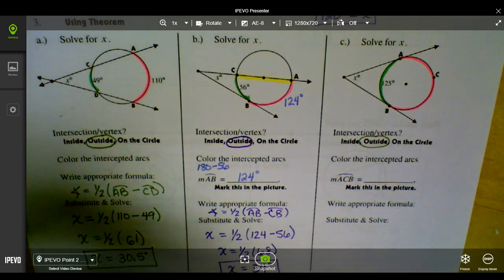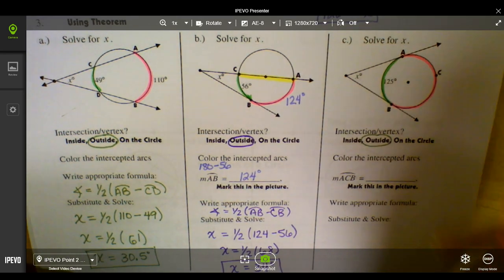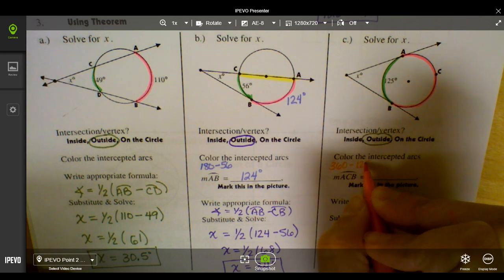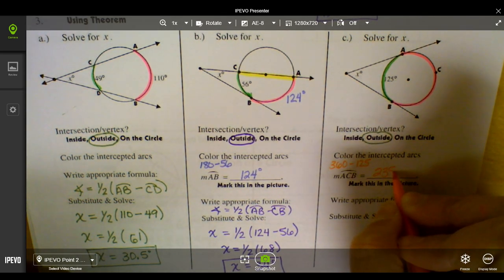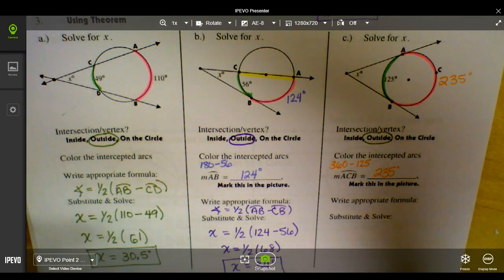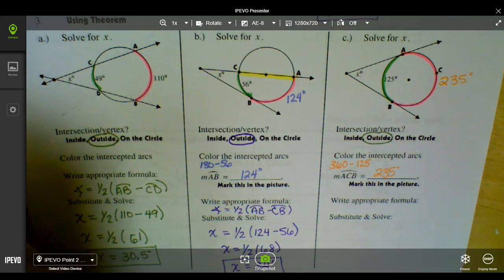Yep. This whole thing is 360 degrees because I highlighted the whole circle, and then I'm subtracting that 125 degrees from that minor arc. So that means my major arc is going to be 235 degrees. All right, and then write the appropriate formula again.